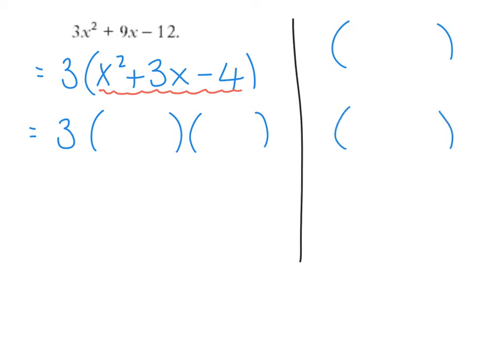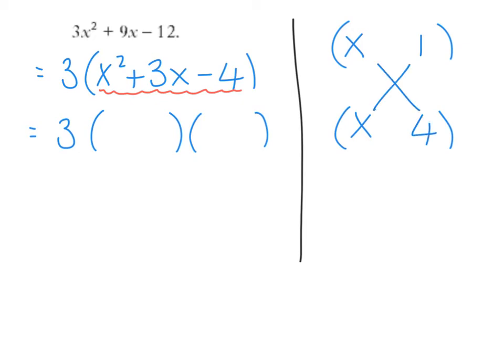We're looking for two things that multiply to give us x squared, which is obviously x times x. Then we move to the other end where the number is 4. So two numbers that multiply to give us 4, but at the same time they need to combine by adding or subtracting to give us plus 3. You might first think of 2 times 2, but that won't work, so we're going to try 1 and 4 instead.